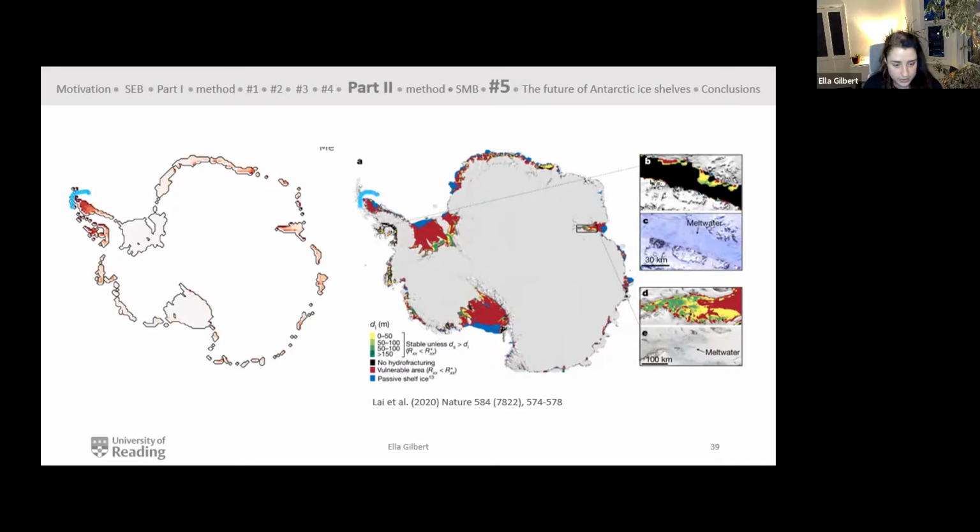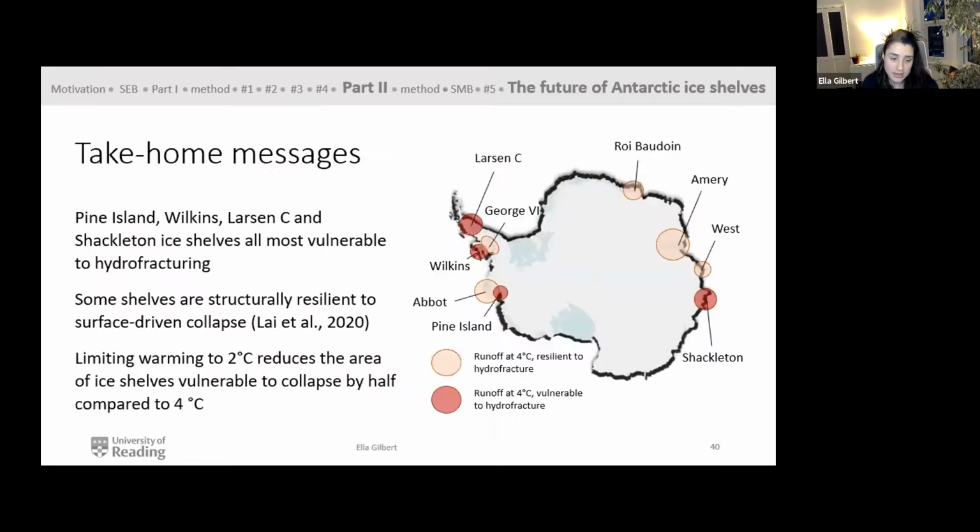So those ones are the Larsen C ice shelf, which is perhaps unsurprising given the first half of this talk. Then we've got the Wilkins, the Pine Island Glacier ice shelf, and then the Shackleton. So although there are some ice shelves that are resilient, we've identified several that are vulnerable to hydrofracturing based on cross-referencing our results of where the most runoff is simulated, and those of Lüthje.